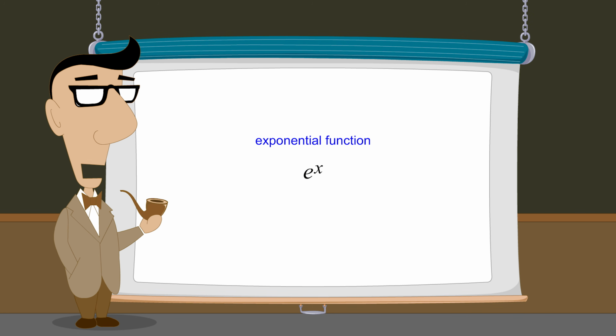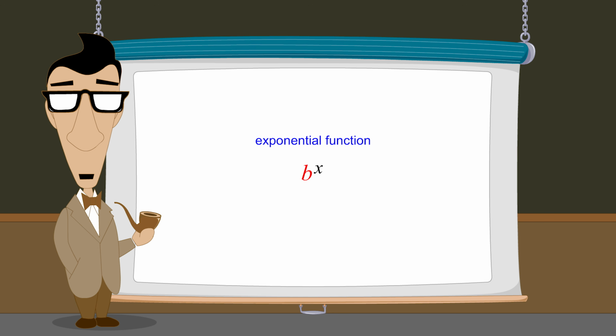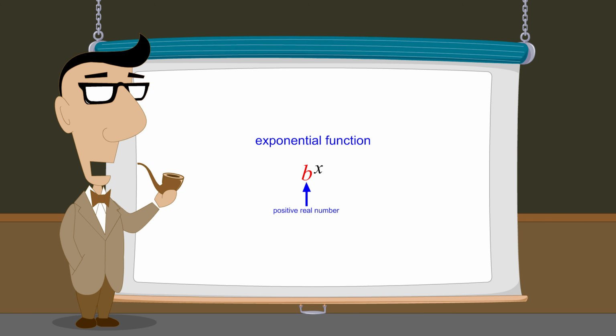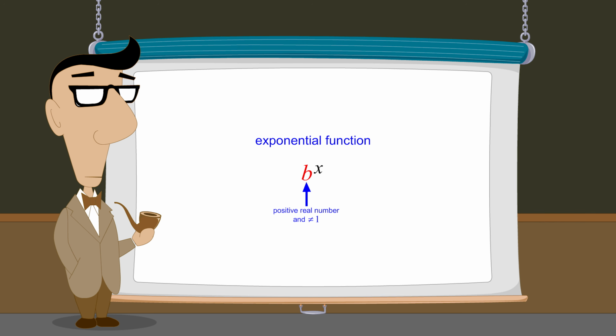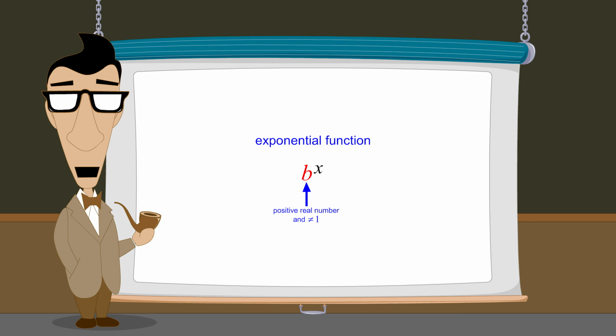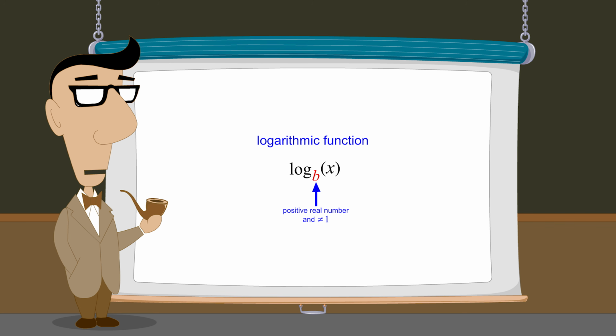We have seen that the base of an exponential function can be any positive real number other than 1. Likewise, the base of a logarithmic function can also be any positive real number other than 1.